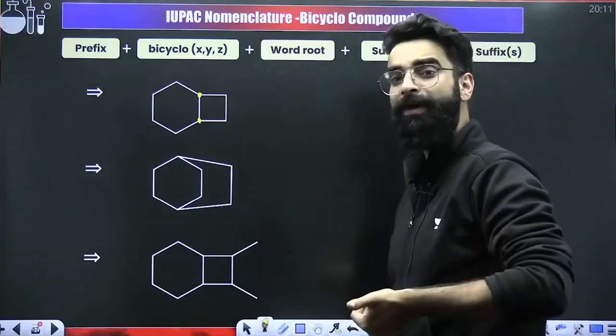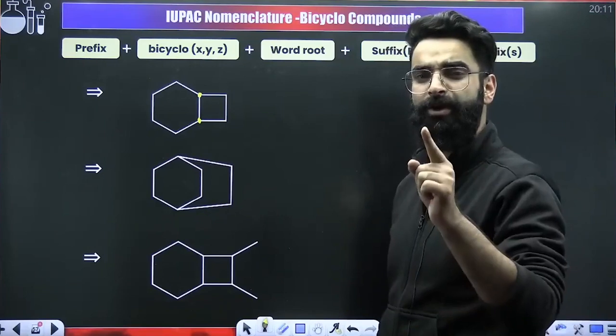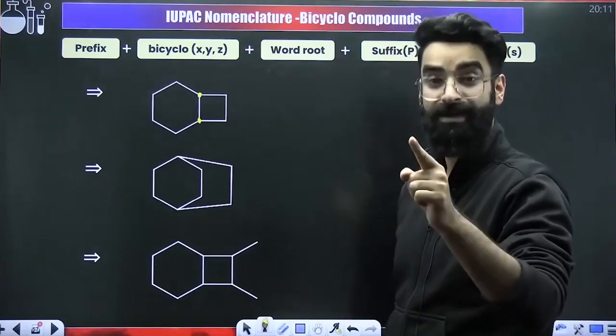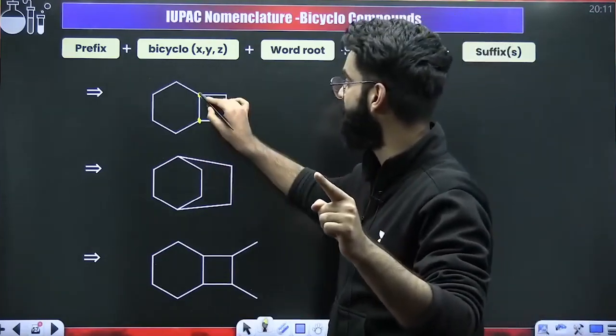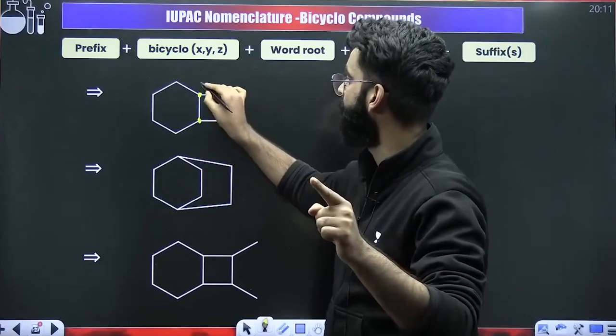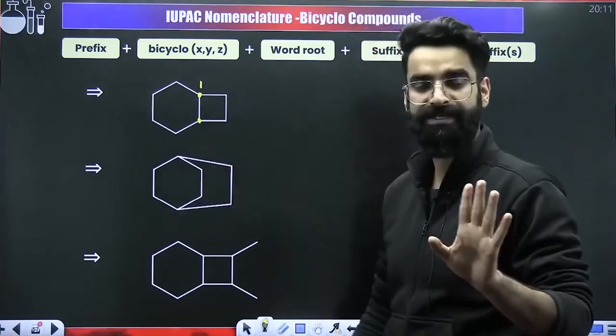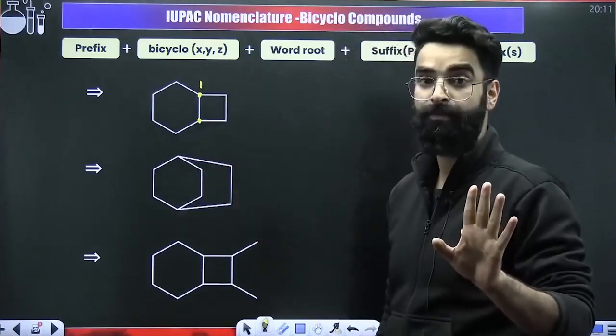From where exactly are you going to start the numbering? You'll always start the numbering from the bridgehead carbon, either from here or from here. So it's carbon number 1, for example.